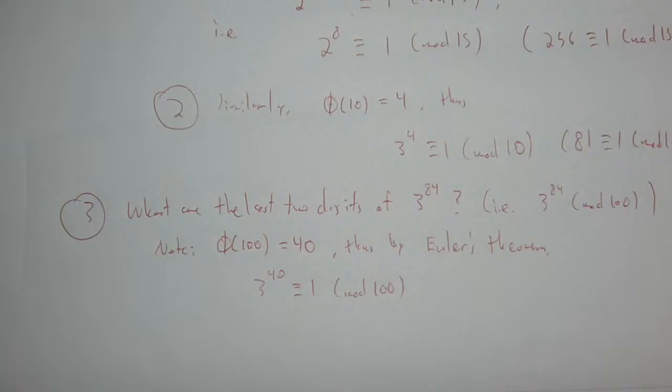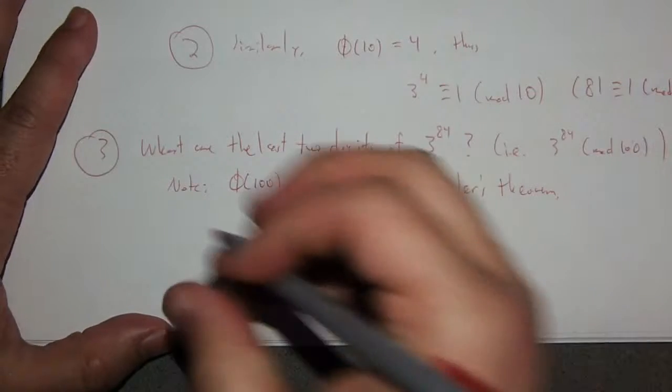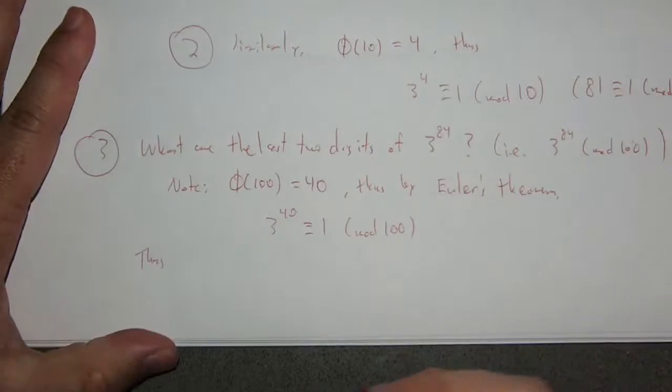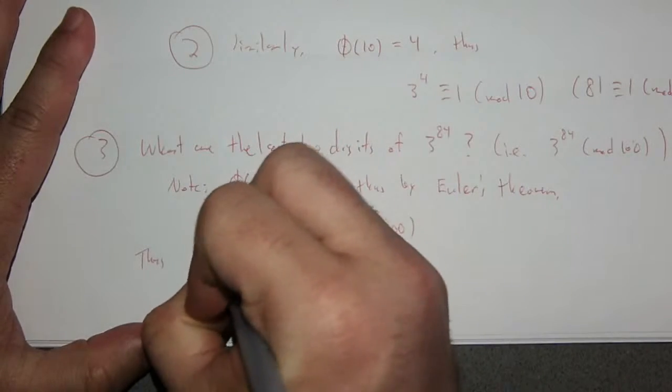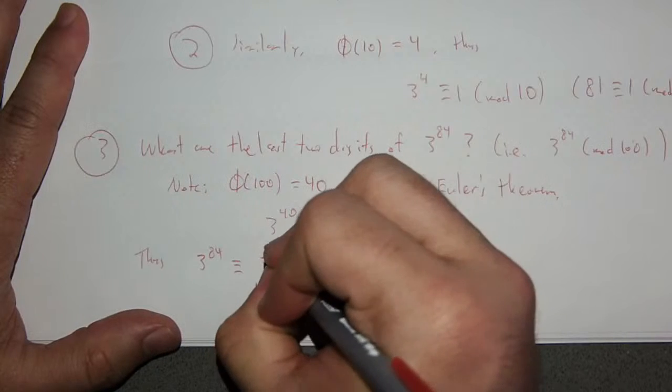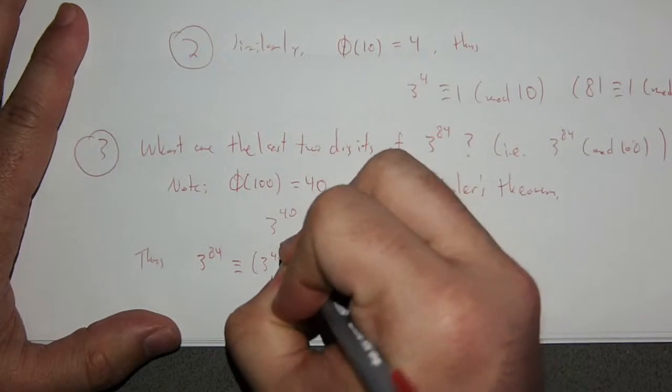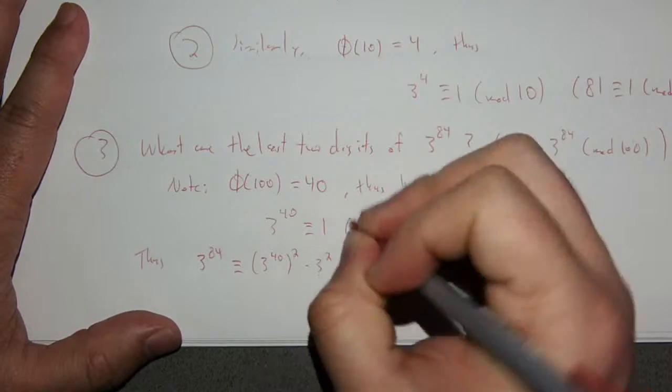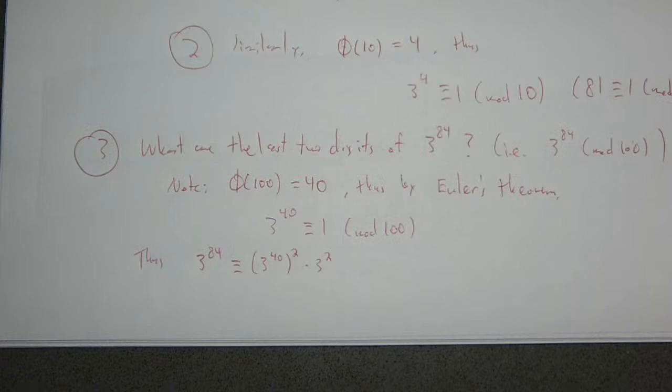Thus, 3 to the 84 can be thought of as 3 to the 40 squared times 3 to the 4th. This is just me judiciously applying the division algorithm to 84.